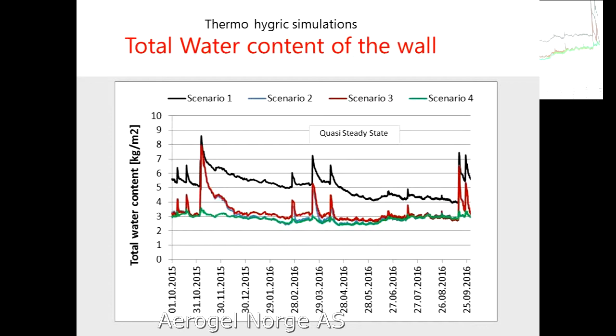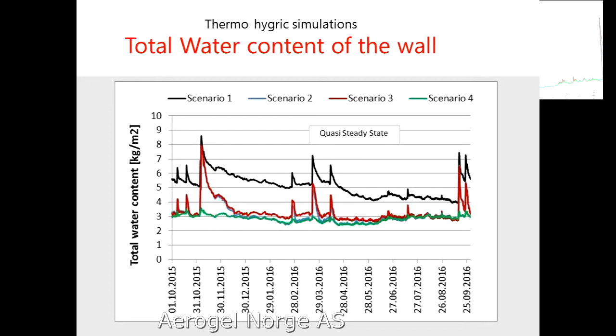Whereas the other 2, the one with a normal finishing, which is not water repellent, and the one which has 3 centimeters outside and 2 centimeters inside, do not differ very remarkably.